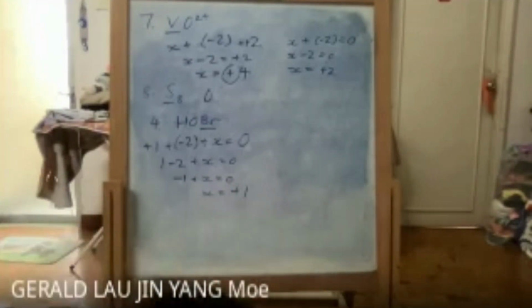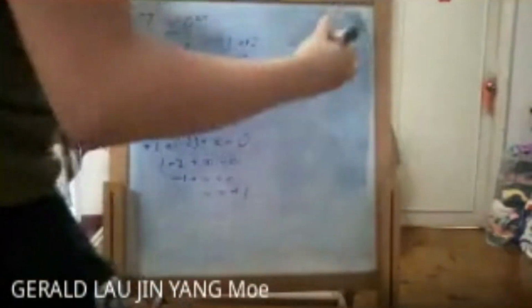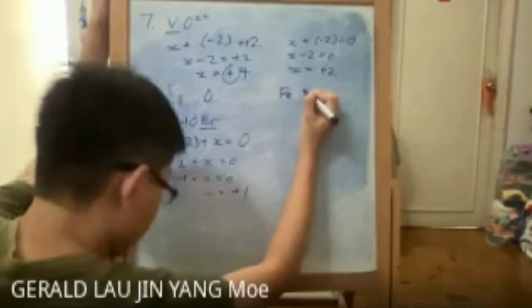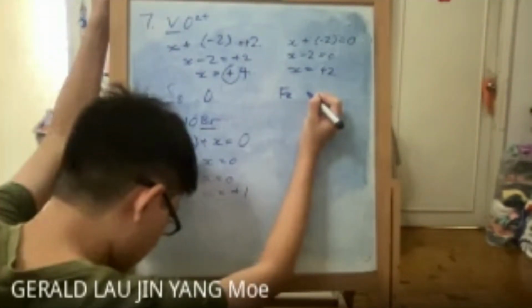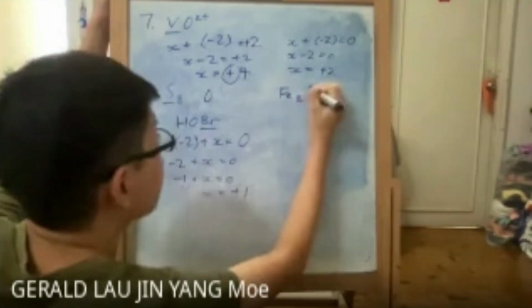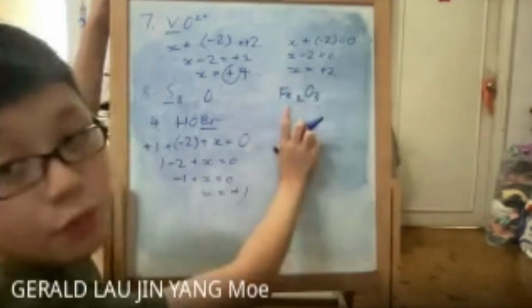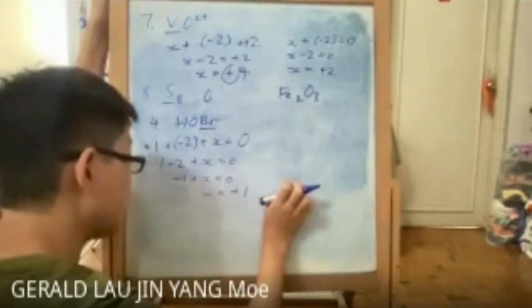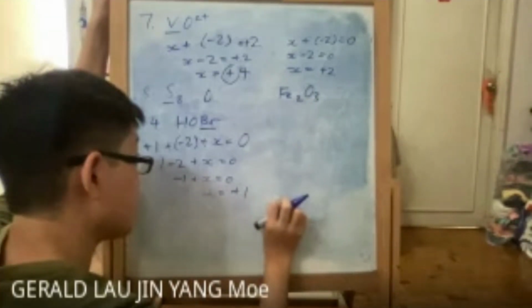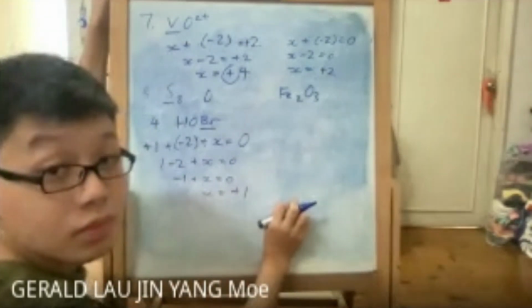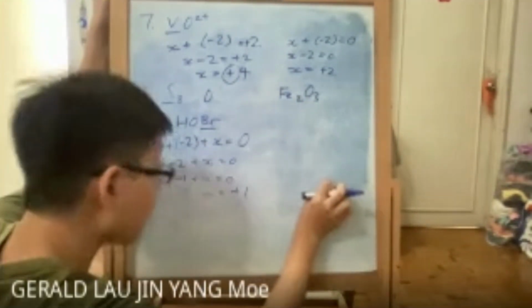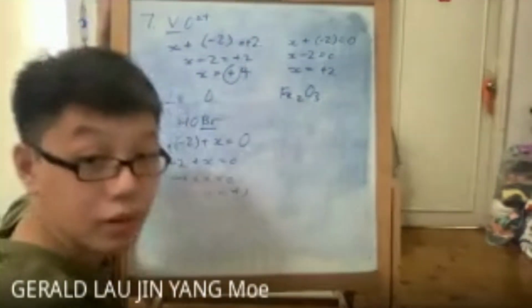Let's say we have Fe2O3. What is the name for this? What is the charge of Fe? What is the charge of O?